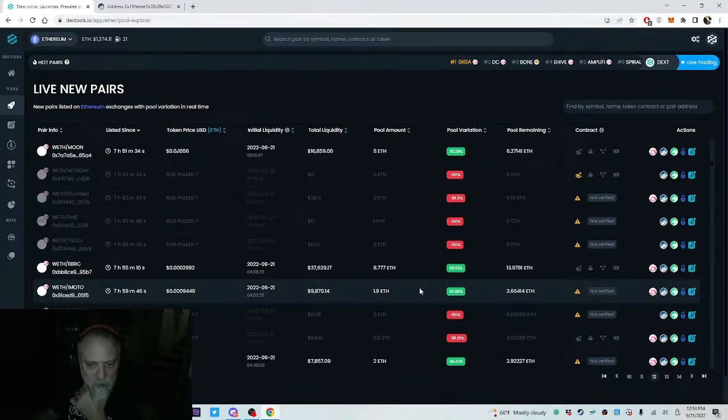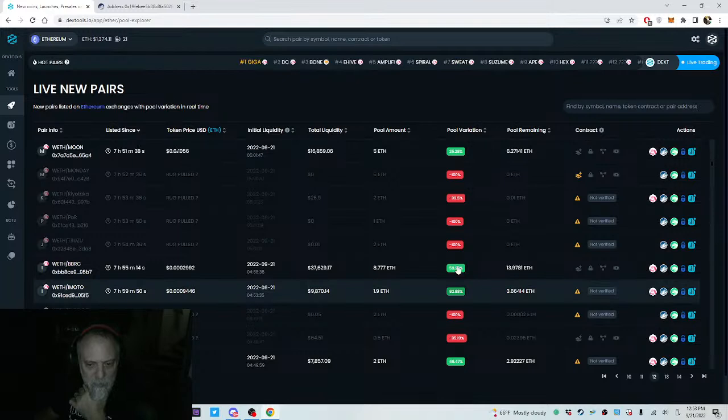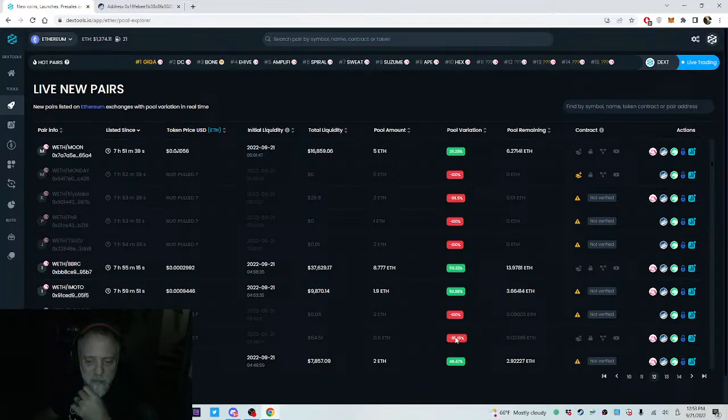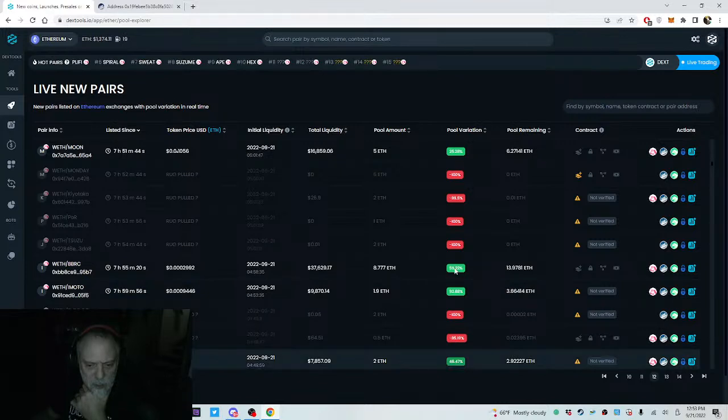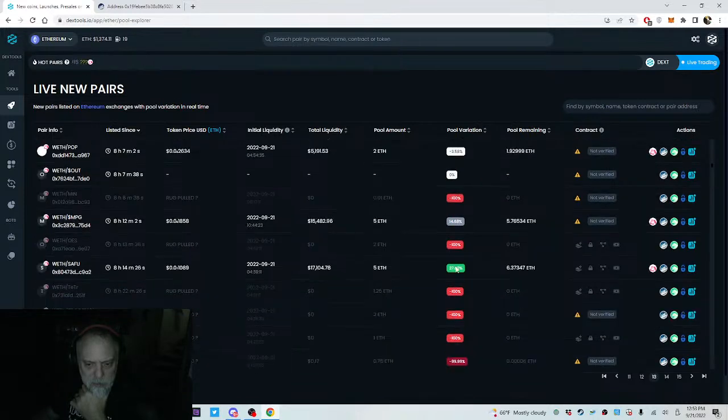So you can see, okay, here, you got 10 of them. Less than 50% are still moving. None of them are over 100% gain. 1 that's good. No, 2 that's good, because this one's at 14.68%. So 2 out of 10 there.